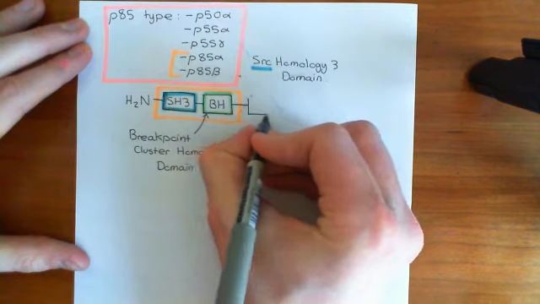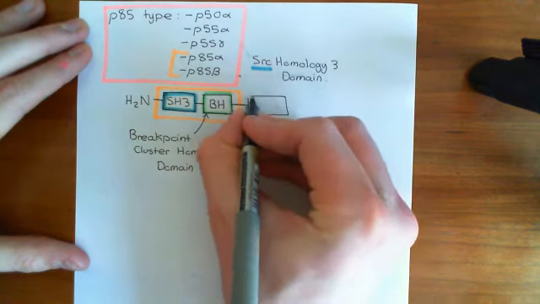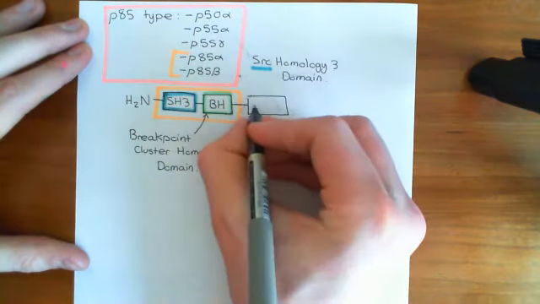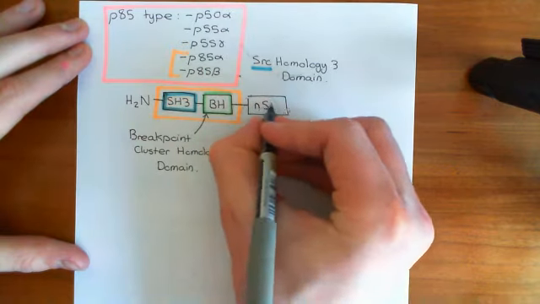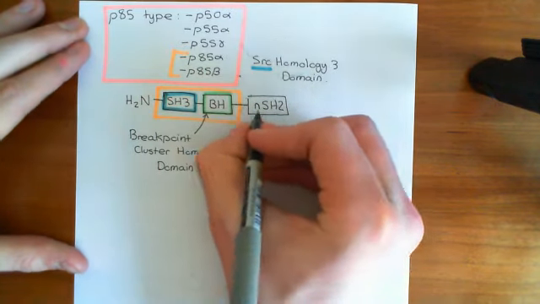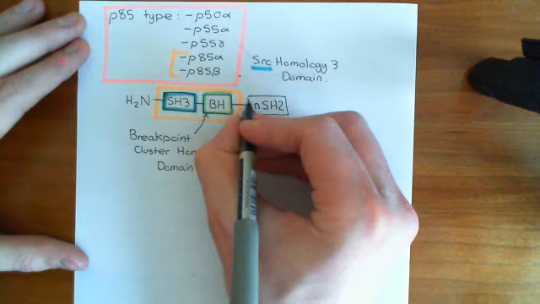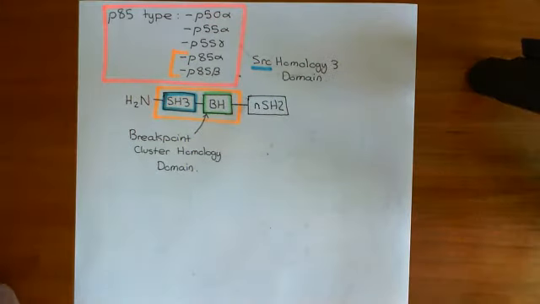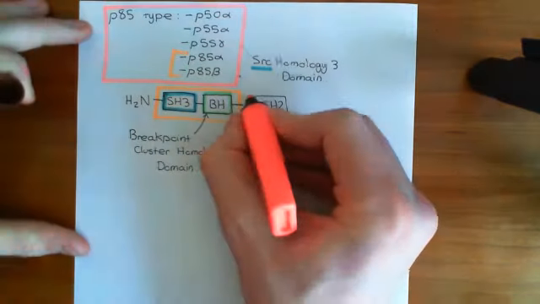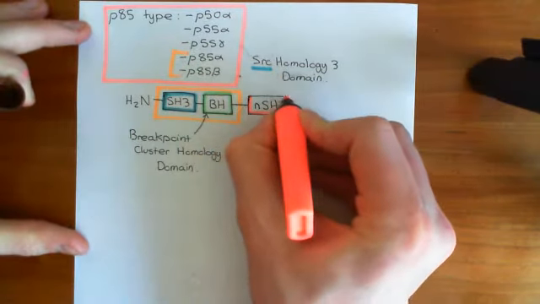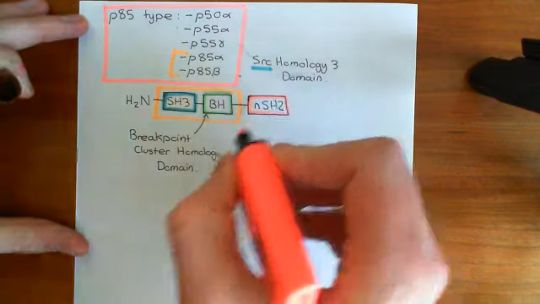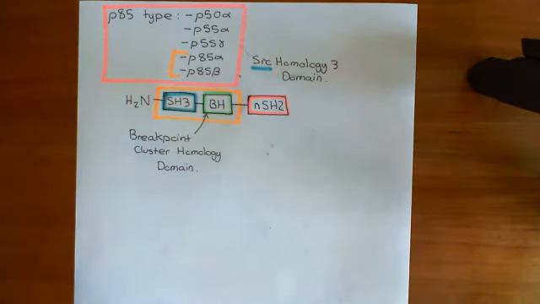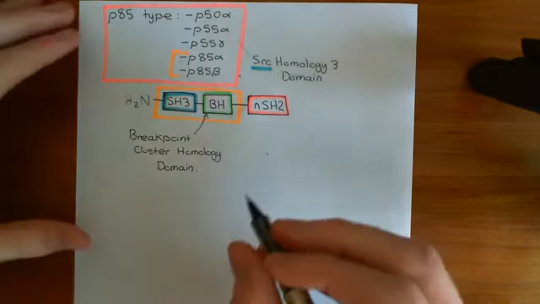The first really important domain is what's known as the N-terminal SH2 domain. SH2 domains, remember, are these important domains which are capable of binding to phosphotyrosine residues. And indeed, this SH2 domain is going to be extremely important for recruiting the regulatory subunit to a phosphotyrosine residue on the intracellular aspect of the receptor tyrosine kinase dimer.